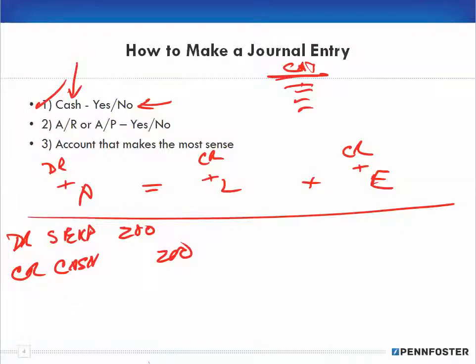If I have a credit to cash for 200, I have to debit something else for 200. Well, what is it? When I determined that it was the supplies expense account that I was debiting, I just automatically backed into the right journal entry. I didn't have to keep on thinking further about it.